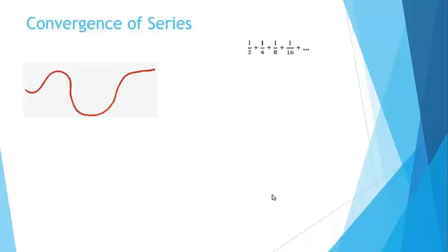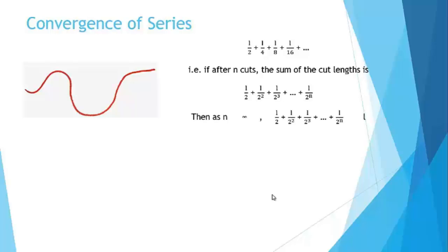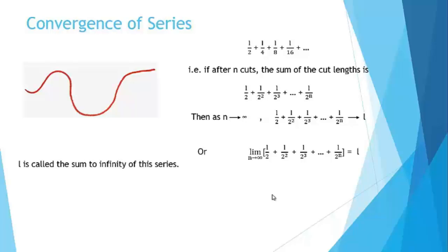That is, if after n cuts the sum of the cut lengths is L by 2 plus L by 2 square plus L by 2 cube up to L by 2 to the power n, then as n tends to infinity, this sum tends to L, or the limit of the series as n tends to infinity equals L. Here L is called the sum to infinity of this series.